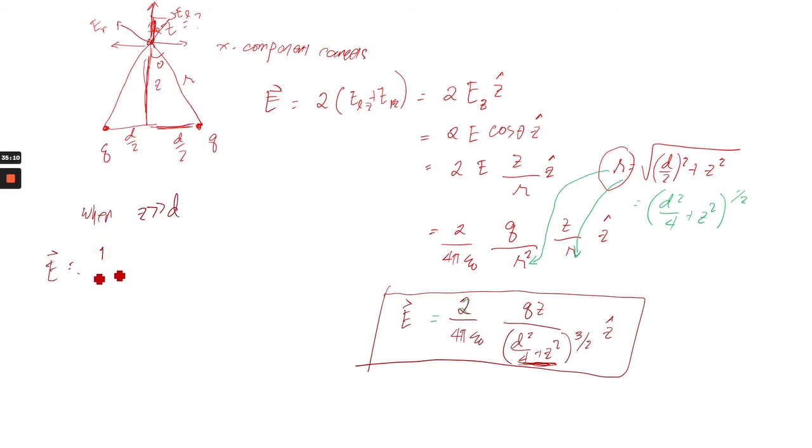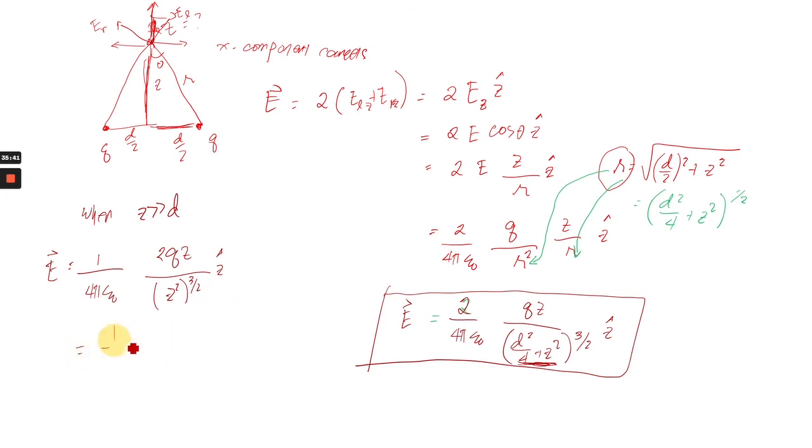1 over 4 pi epsilon naught, 2q z over, so we are left with just z squared. So z squared to the 3 halves, right? The terms cancel, don't they?